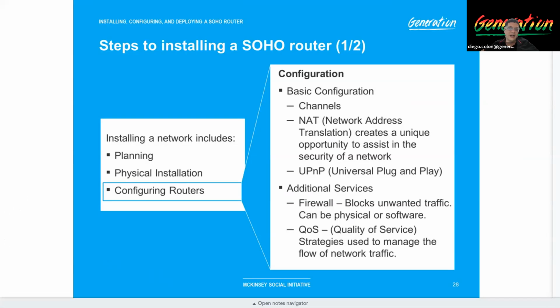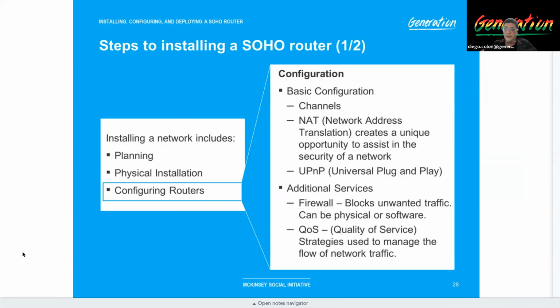I used a 10 dot something on purpose, because if they try to statically configure themselves, I did not leave the default 192.168 on my router. That's part of the security you can do: change the default IP range that it usually comes with.